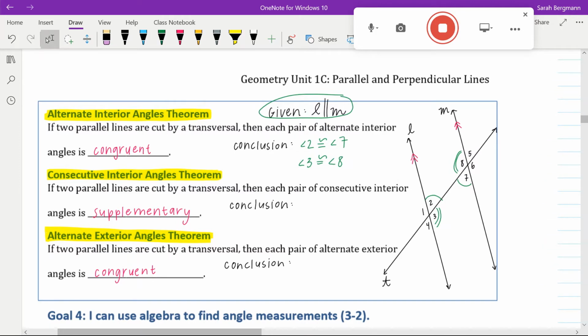Now let's look at consecutive interior angles theorem. This says that if two parallel lines are cut by a transversal, then each pair of consecutive interior angles is supplementary. So this goes back, we still know that the two lines have to be parallel in order for this to work. And we can conclude that angle 2 and angle 8 must be supplementary.